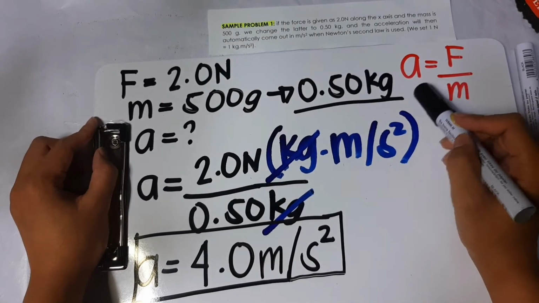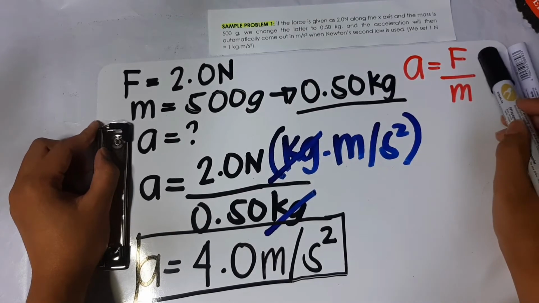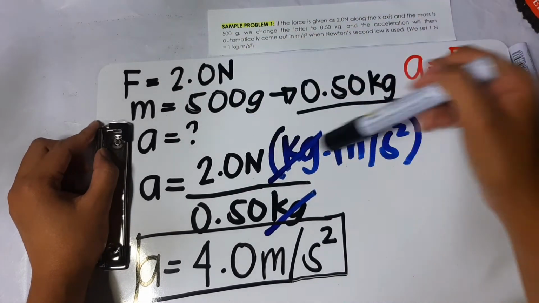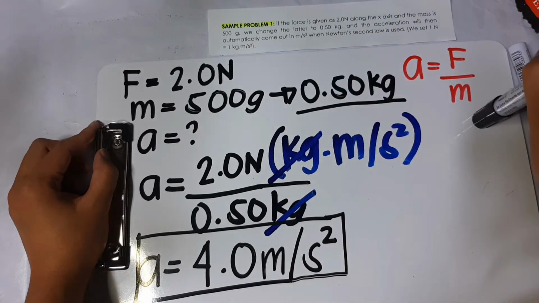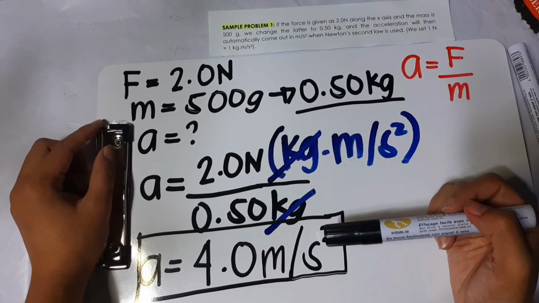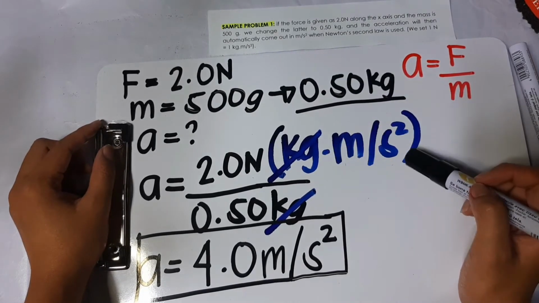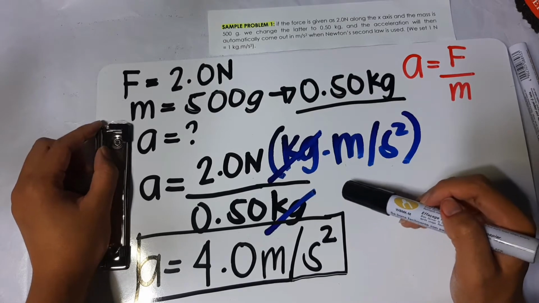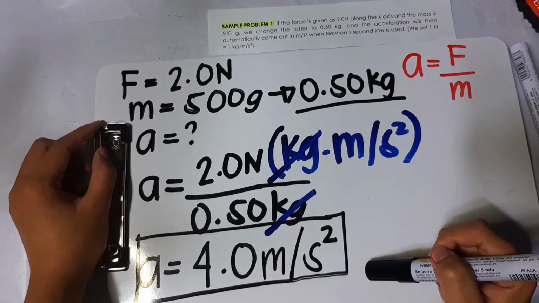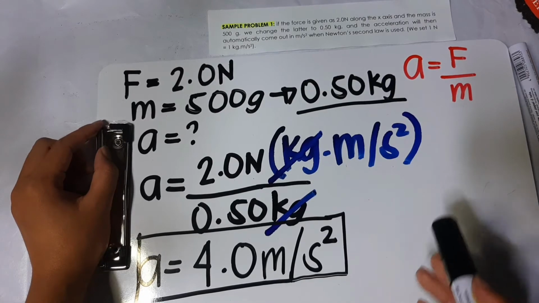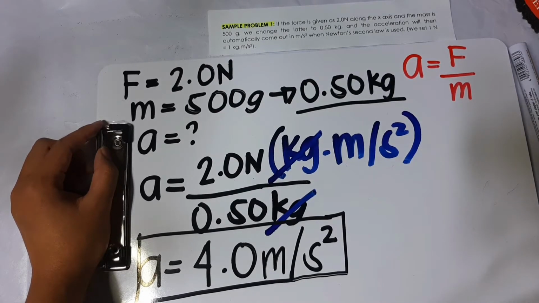Using now the formula a is equal now to force over mass, let's substitute the given to the formula. So 2 Newtons, or kilogram meter per second squared, divided by 0.50 kilograms. So the acceleration is equal now to 4.0 meters per second squared.